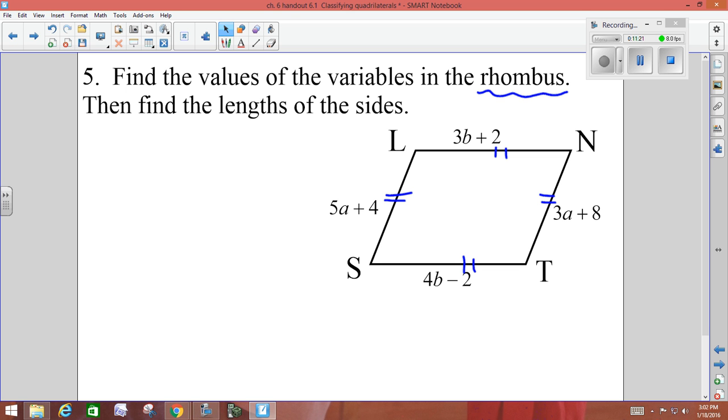Anyone got any ideas? What, Megan? Okay. Set the ones opposite of each other together. Okay, so like which expressions?